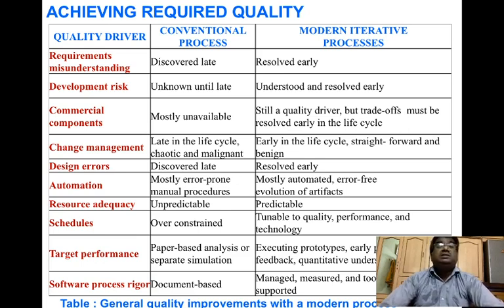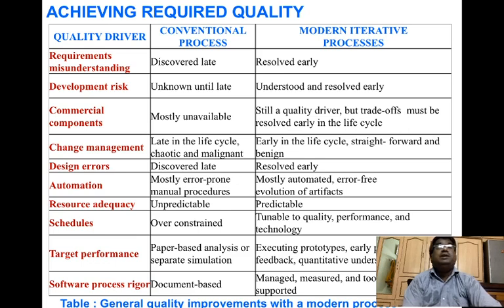So, in this class, we are going to discuss the quality factors, both conventional process and modern iterative process. Conventional software methodology was done at early stages, that means around 1970 to 80s.